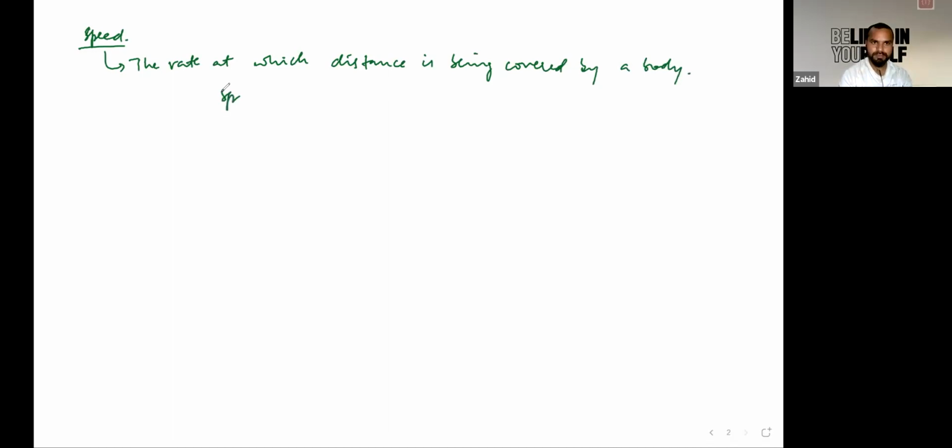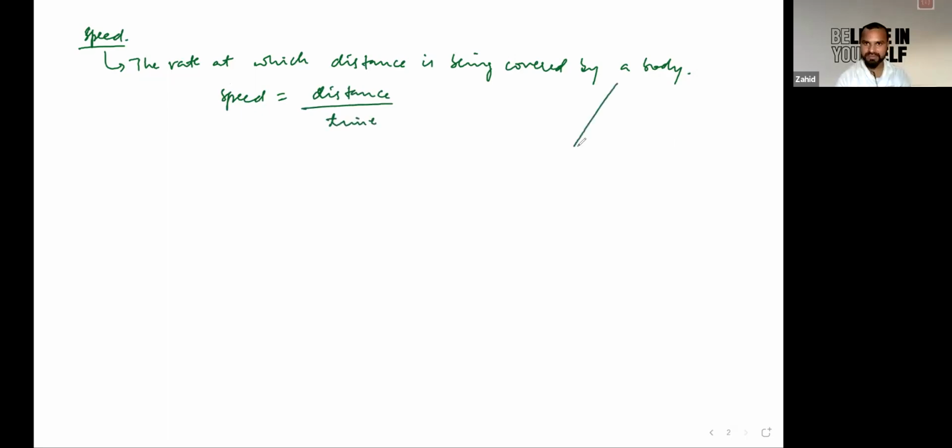So speed is nothing but the rate at which distance is being covered by a body. Or you would say speed is simply equal to distance covered divided by time taken.